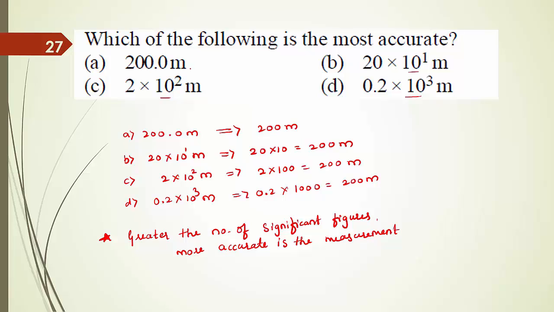In the first answer, how many significant figures are there? There are 3 significant figures, 1, 2 and 3, in 200.0 meter. Option B has only 1 significant figure. Option C, 1 significant figure. Option D, again only 1 significant figure. Which has the highest number of significant figures? 200.0 meter. So this is the most accurate result. Greater the number of significant figures, more accurate is the measurement. So option A is right.